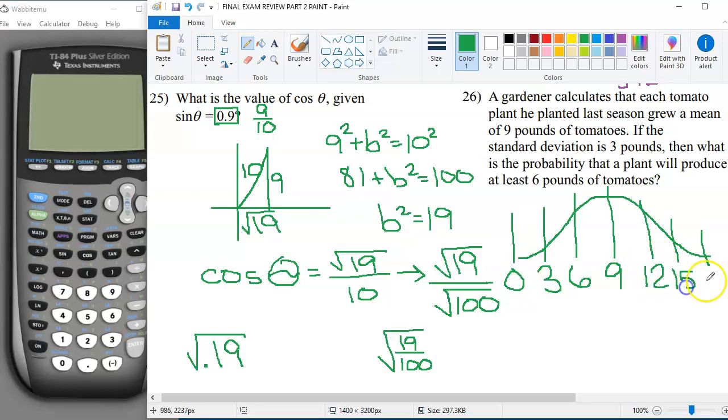Okay? Now, what we learned is that if it is a normal distribution, then 50% of this is going to be over here, and 50% of it is going to be over here. So the probability of getting at least 6 pounds of tomatoes means every value from here on. That would be at least 6.